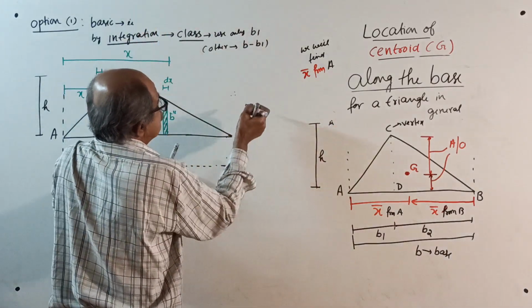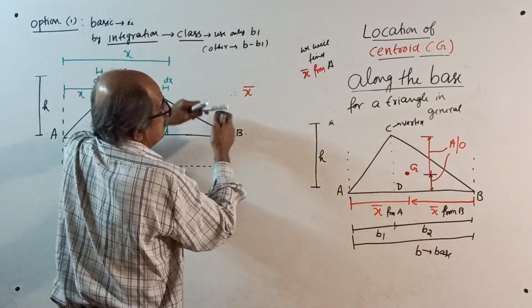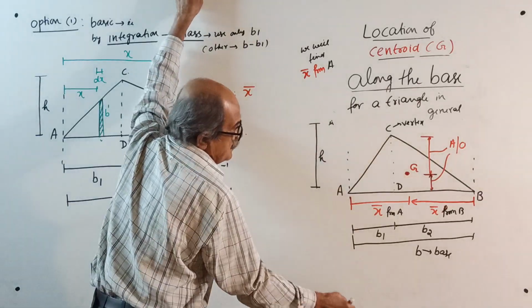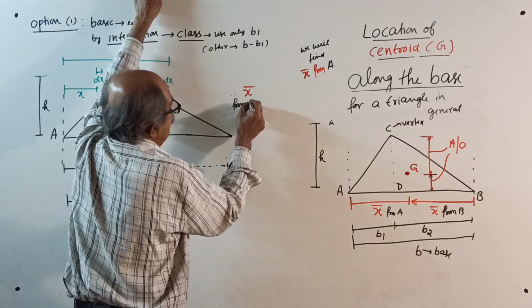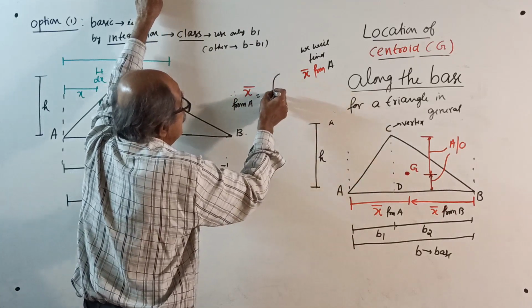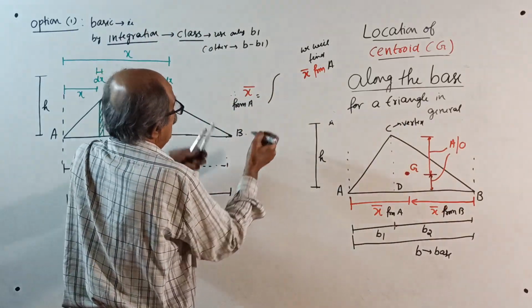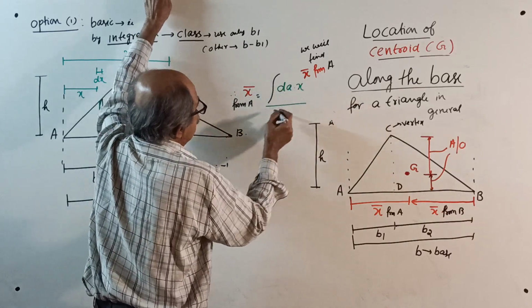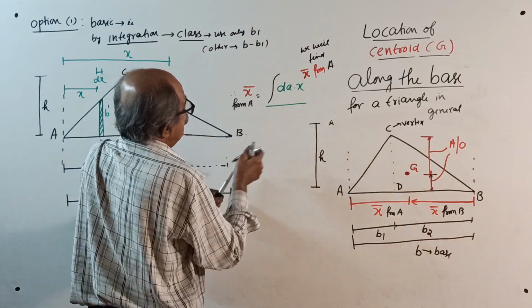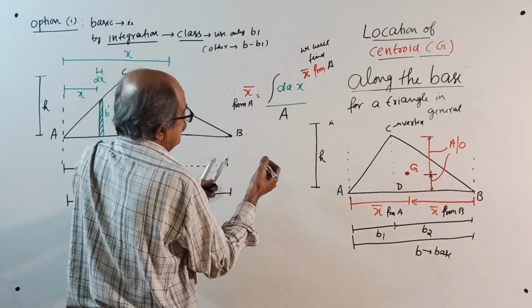As per the principle of integration, x bar from A means actually from a reference vertical line here. X bar from A will be equal to integration of dA into x, divided by total area. Total area is integration of dA, I told already 1,000 times.